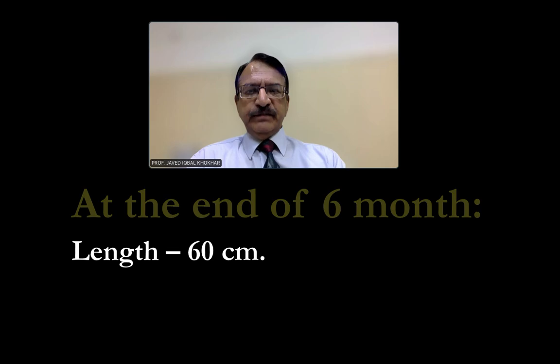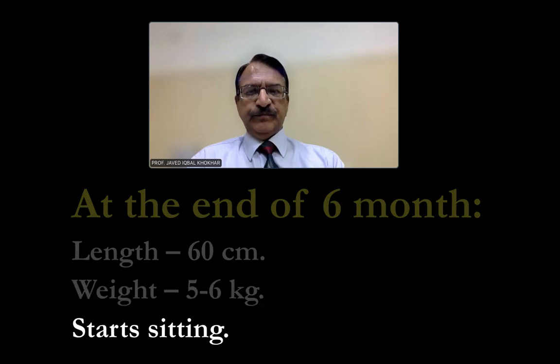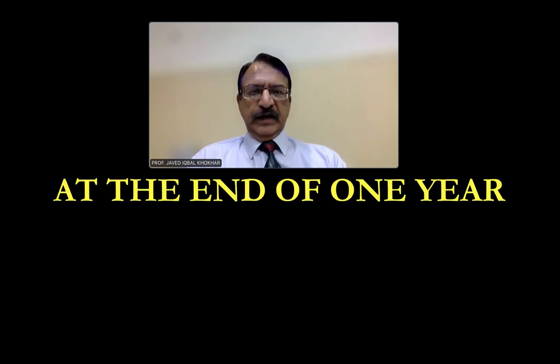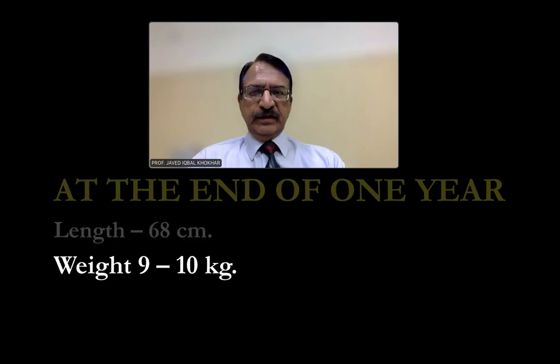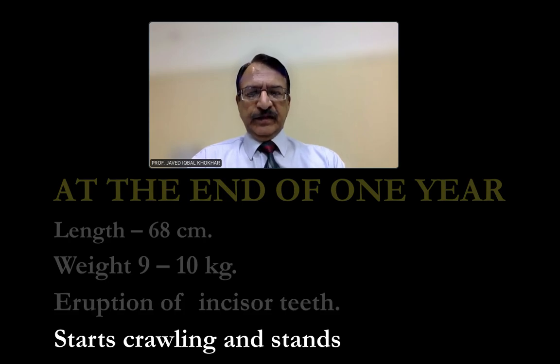At the end of 6 months, the length becomes approximately 60 centimeters and weight is 5 to 6 kg, and the child starts sitting. These are milestones of development. At the end of 1 year, the length becomes 68 centimeters, the weight approximately 9 to 10 kg, eruption of incisor teeth, and the child starts crawling and standing.